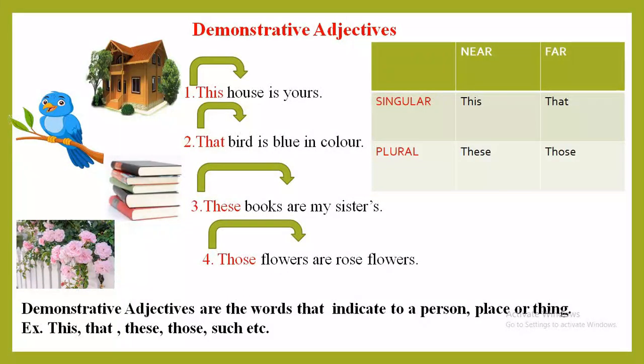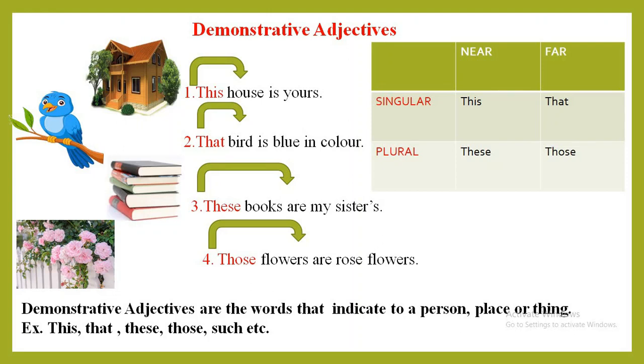Demonstrative adjectives. Now look at these four examples and observe what you find here. The words this, that, these, those are just before the words house, bird, books, and flowers, and point them out. They are demonstrative adjectives.